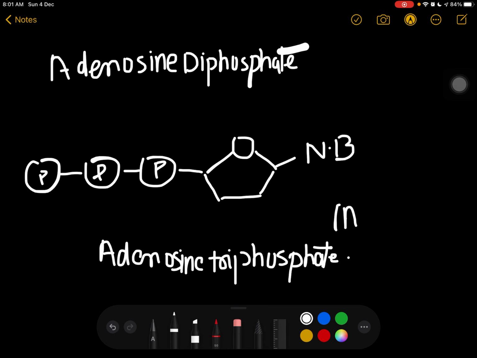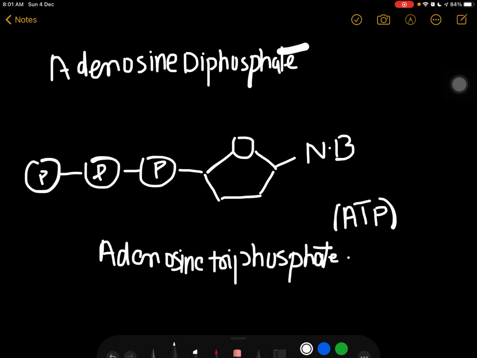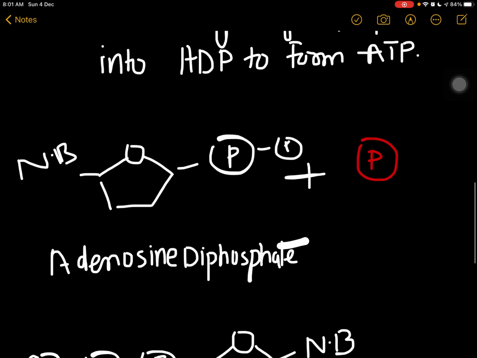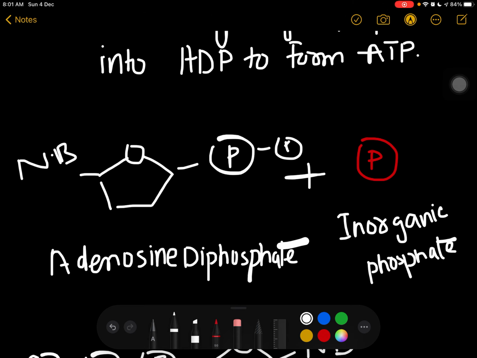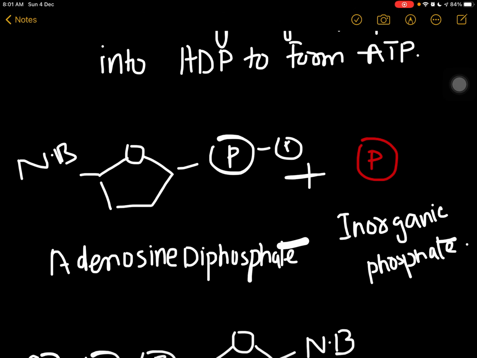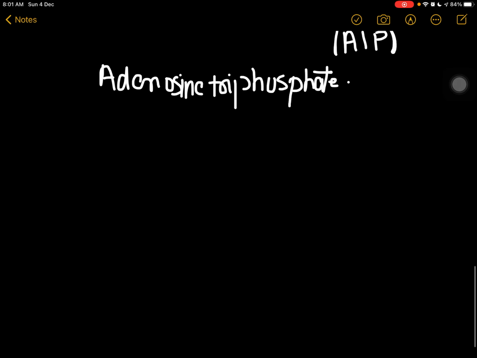This is known as ATP. This is known as inorganic phosphate. When this inorganic phosphate is added to adenosine diphosphate, this is known as phosphorylation, right?